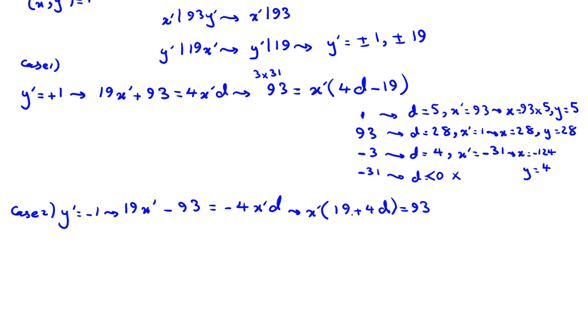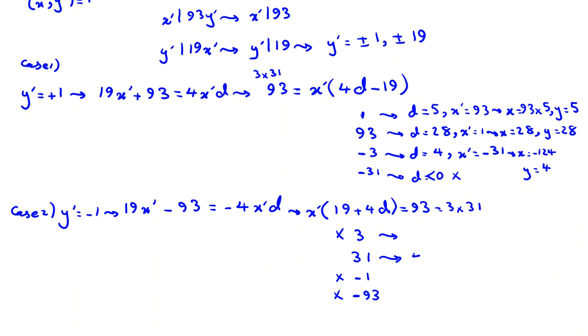Because it is 93, this one is 4k plus 3. Because it is 3 times 31, the only possible cases are 3, 31, negative 1, negative 93. The first one is at least 23, so we can cancel the others. We only should check this. The GCD should be positive.